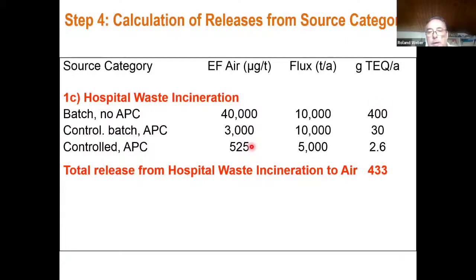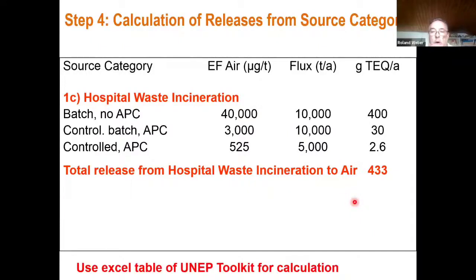If you have a controlled batch incinerator, the emission factor is much lower, and for the same amount of waste you would only have 30 gram TEQ per year. And by adding up the different facilities, you get the total amount of releases from your hospital waste.